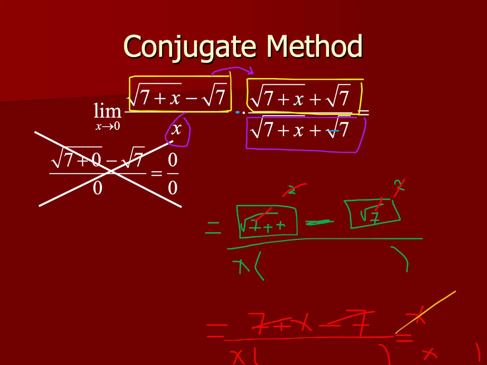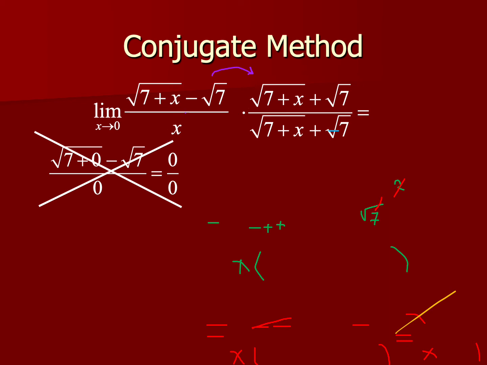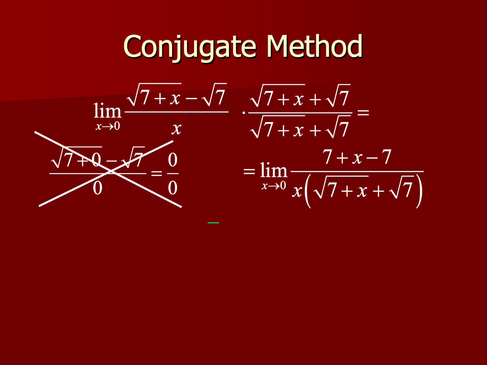So let me repeat again, but by showing you the steps in a proper way. If I have a square root and I cannot do factoring, the idea is first to replace, then I get 0 over 0, then I multiply by the conjugate.